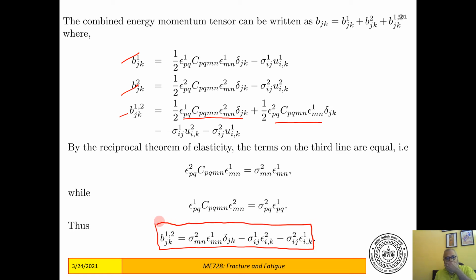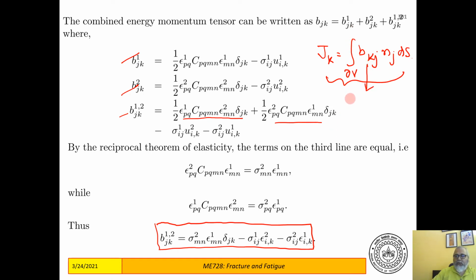Now when bkj12 is this, remember that the jk integral is a cyclic integral over bkj nj ds. This is what jk is, and it consists of bkj1 plus bkj2 plus bkj12.